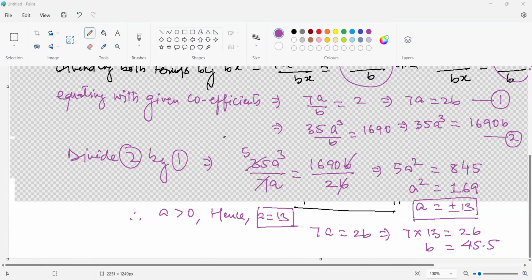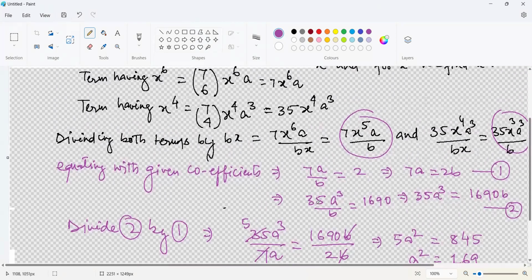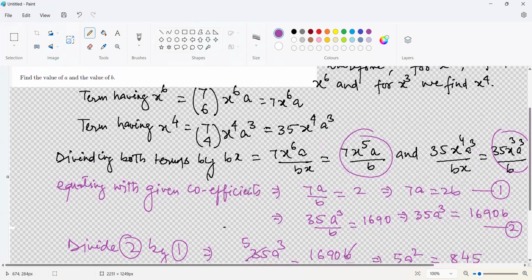Can you tell me how you got the 7a divided by b equals 2? Yeah, because what is the term having x raised to the power 6? That is 7c6 x raised to the power 6a. Use the formula T r plus 1 equals 7cr x raised to the power r b raised to the power 7 minus r.